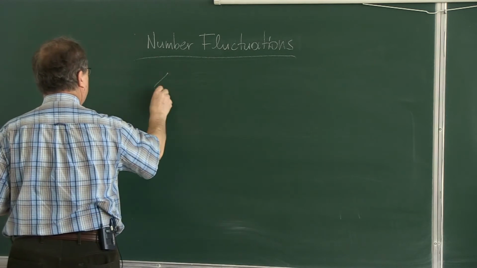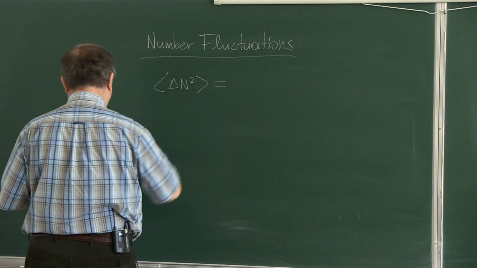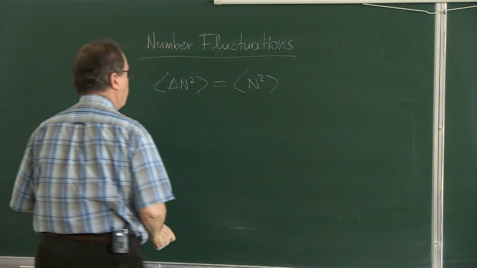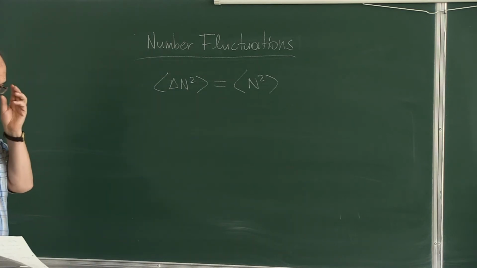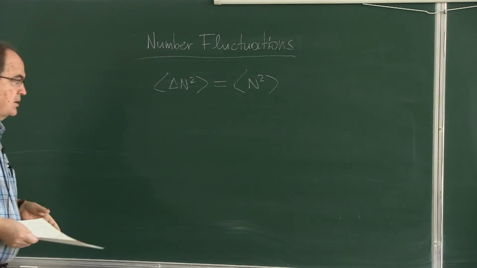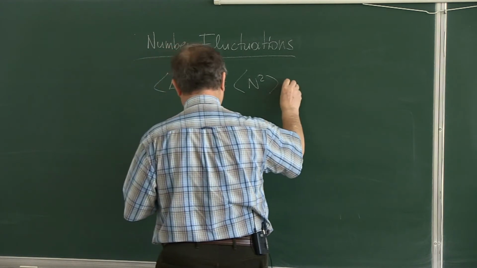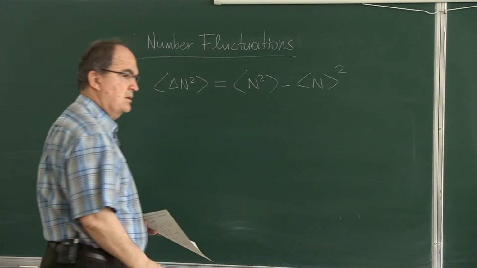Of course, by definition, we know that the fluctuation squared is related to the average of N squared minus the average of N, squared.